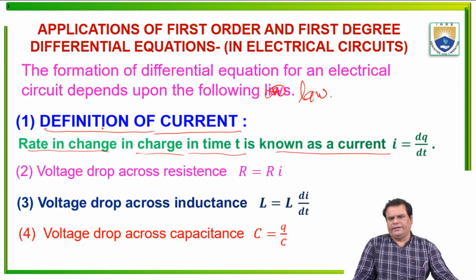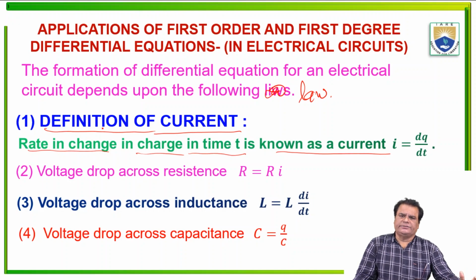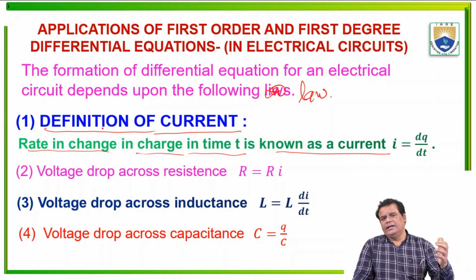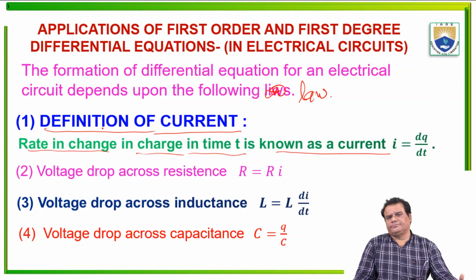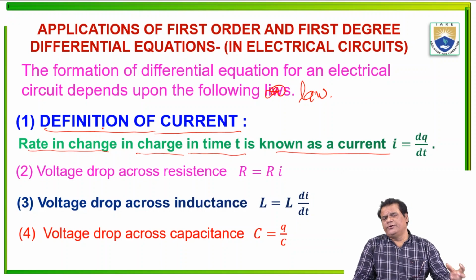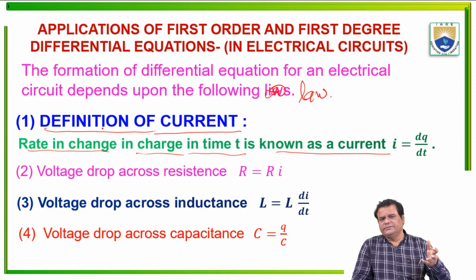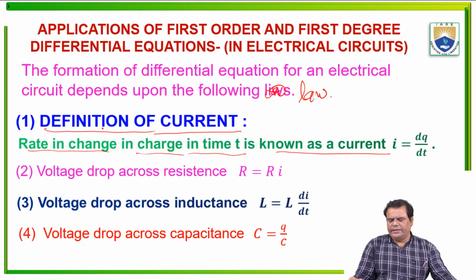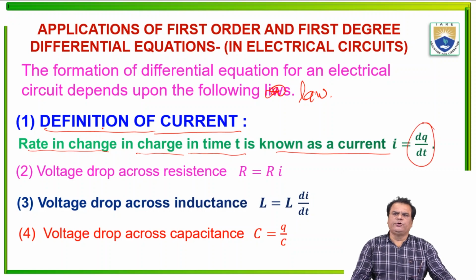That is, the ratio between change in charge and change in time, which is dq over dt.